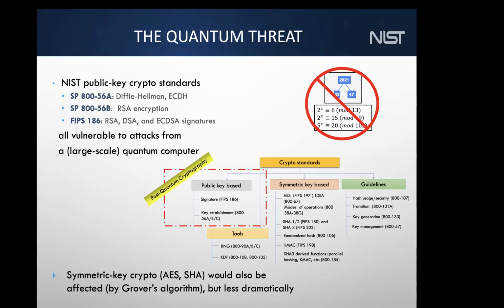If we need to, say, transition from using AES with a 128-bit key to using a 192-bit key or a 256-bit key, we don't have to swap out the algorithm, so that's easier to do. So there is work to be done there as well, but the focus is largely on the public key cryptography side because we need completely new algorithms.